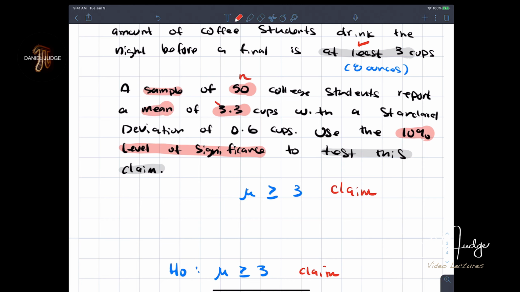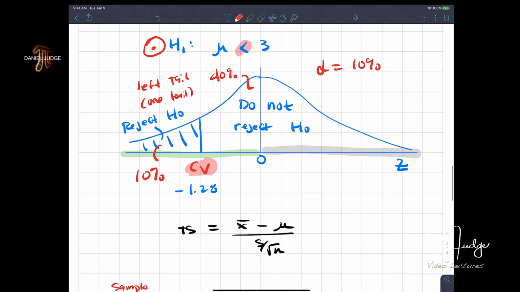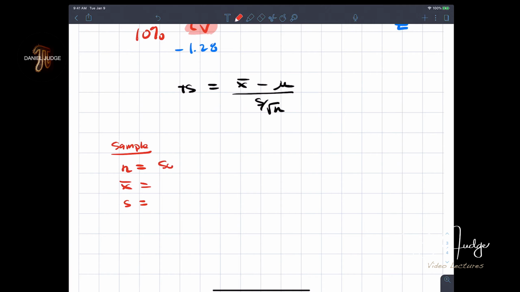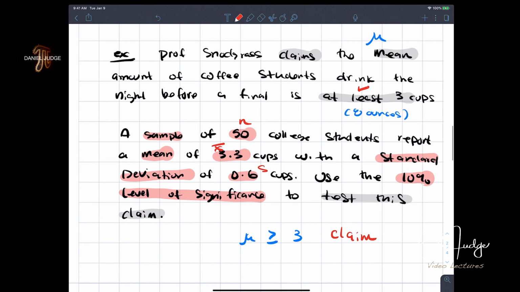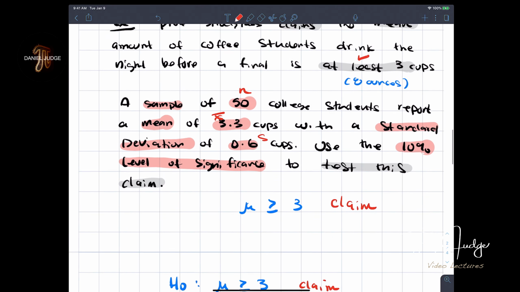Oh, that's X bar. With a standard deviation of 0.6. Well, that's S. So you're going to have to write this down. N is 50, 3.3, 0.6. So the sample information is given to you in the question. It's all there.